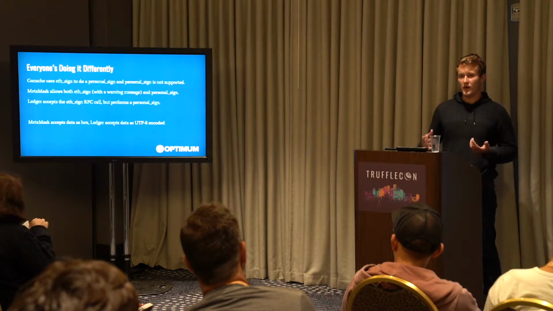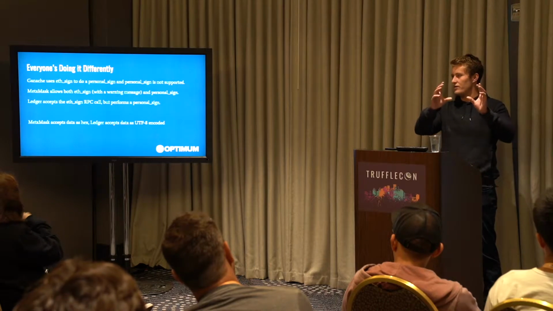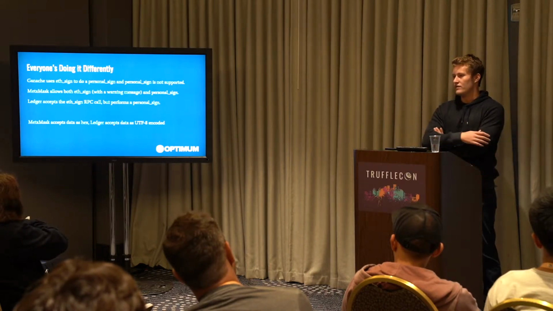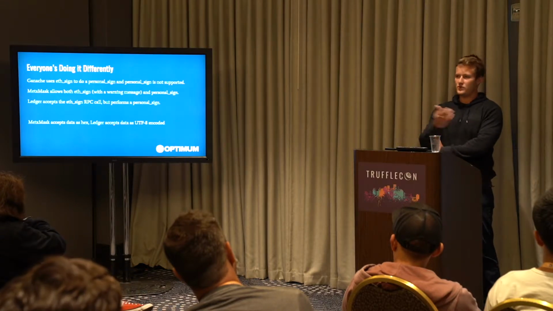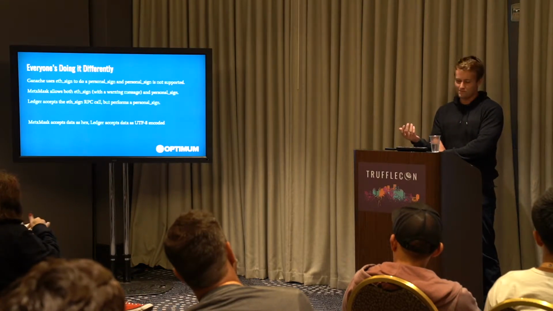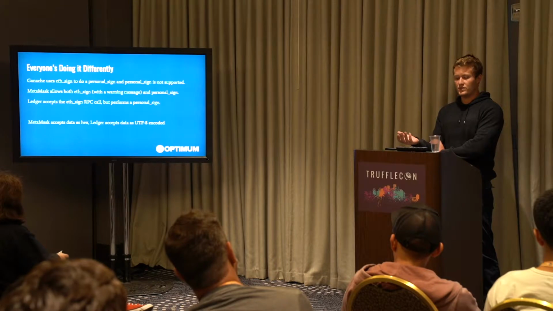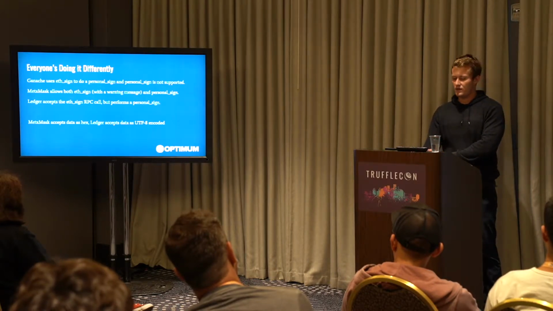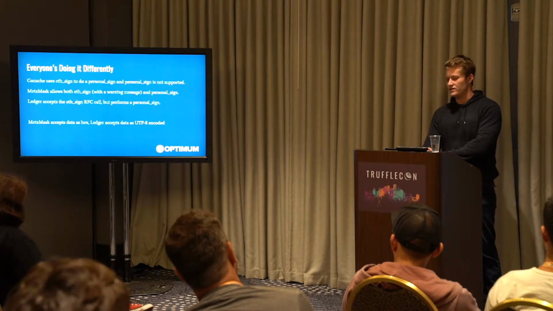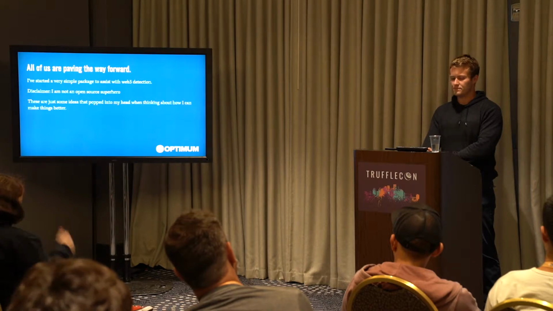MetaMask allows both, but if you do an ETH sign with MetaMask, they rightfully give you this very scary warning that a lot of DEXs are actually having to just deal with it because they designed their software around using ETH sign and they don't have any other options. And then they also support personal sign. Ledger accepts the ETH sign RPC call, but it does a personal sign instead. And then the way they accept data is different. MetaMask accepts data as hexadecimal, Ledger accepts data UTF-8 encoded.